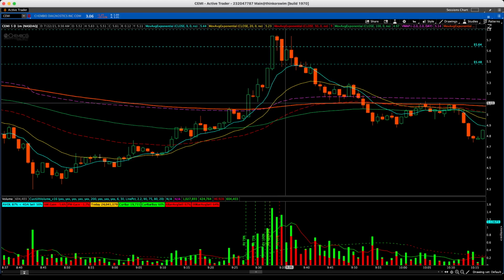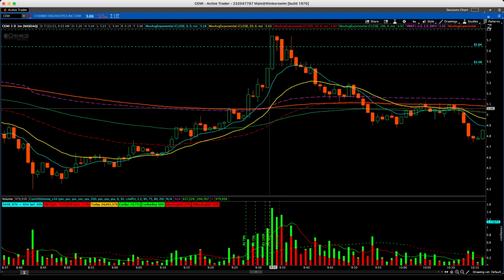But let's just say, for good purposes, that all of it stayed the same, and this came back down here and was going to possibly bounce in this area. Would we pay more attention to that than if it was just bouncing off of the 20 EMA? For sure, right? Because there are several different indicators there that could possibly hold support. So that's how you use it in conjunction.